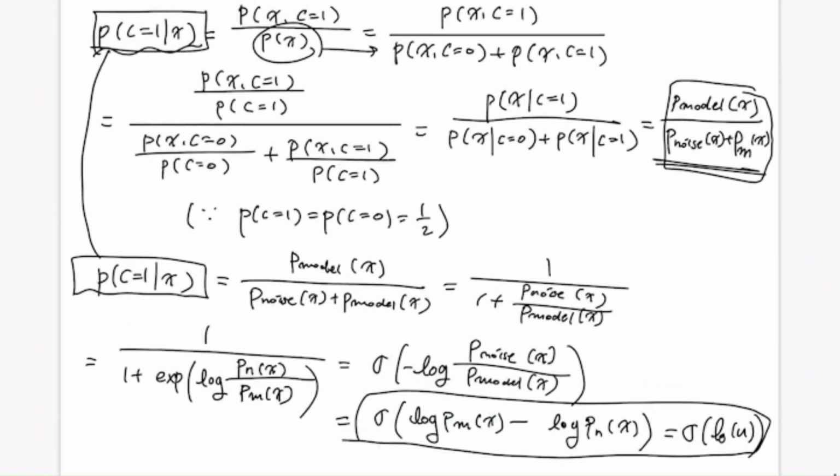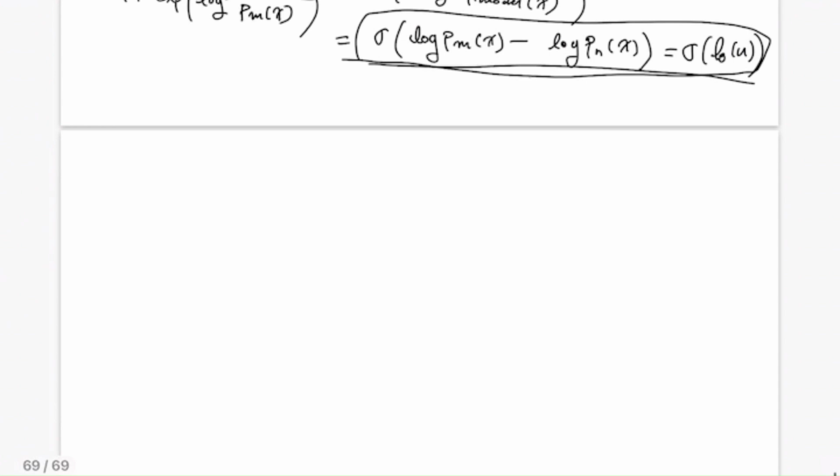From this equation, we can now get the NCE loss by applying the cross entropy. So let's consider the cross entropy for the binary case: minus the summation of c_i log p_i. Actually, I'm going to go through the meaning of the cross entropy later.